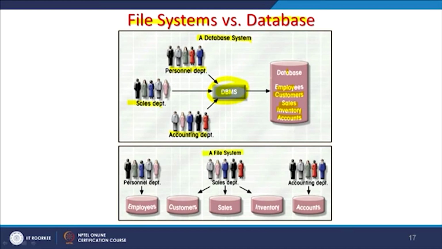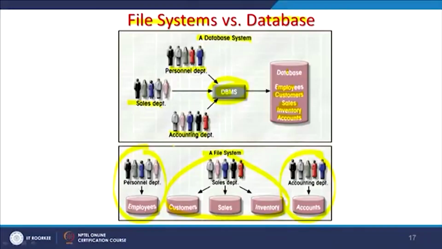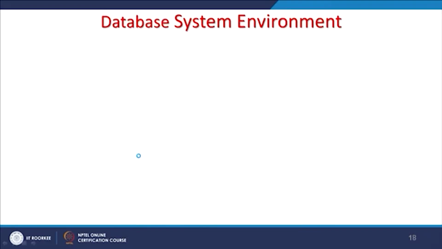Whereas in a file system, all people work for the same organization, but their information is independent of each other and lying in isolation, not logically related or connected, and therefore getting information from one department to another may be very difficult. But here the personnel, sales and accounting departments can all have access, because their data resides in the same database management system, and therefore access and control become much easier.